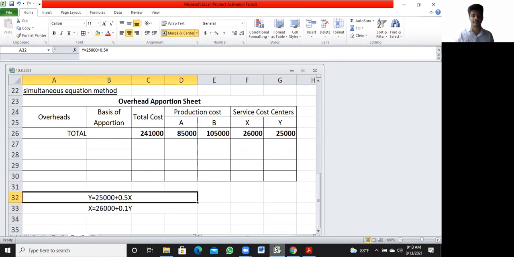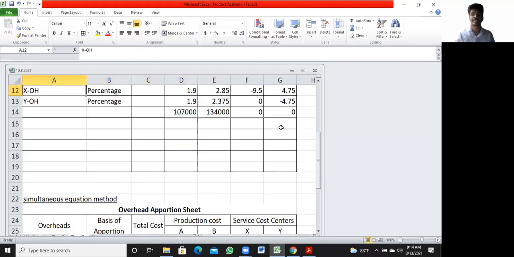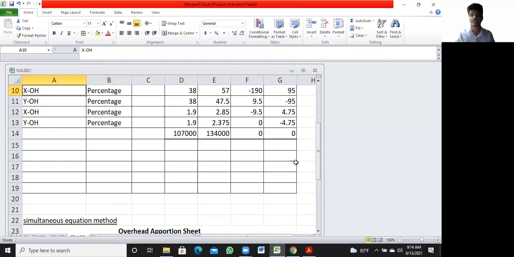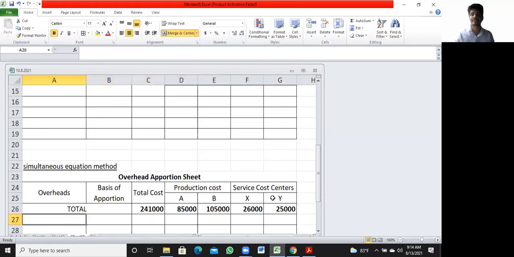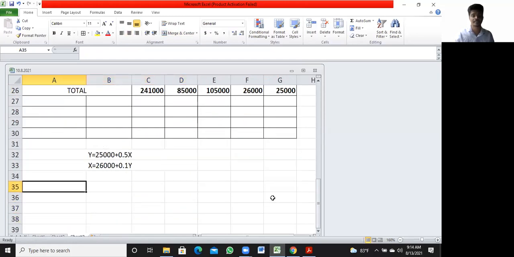Now we can solve these equations and get the values for X and Y. Here Y in the sense total cost which is collected in service cost center Y, including what comes from X and from Y. So now we need to solve these simultaneous equations. You have discussed these in maths.